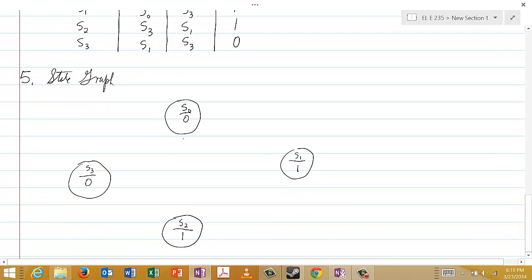And so we can represent that by an arrow pointing from S0 to S2, and then we'll put a 0 beside that to denote that if we're initially in state S0 and we get an input of 0, then we go to S2.